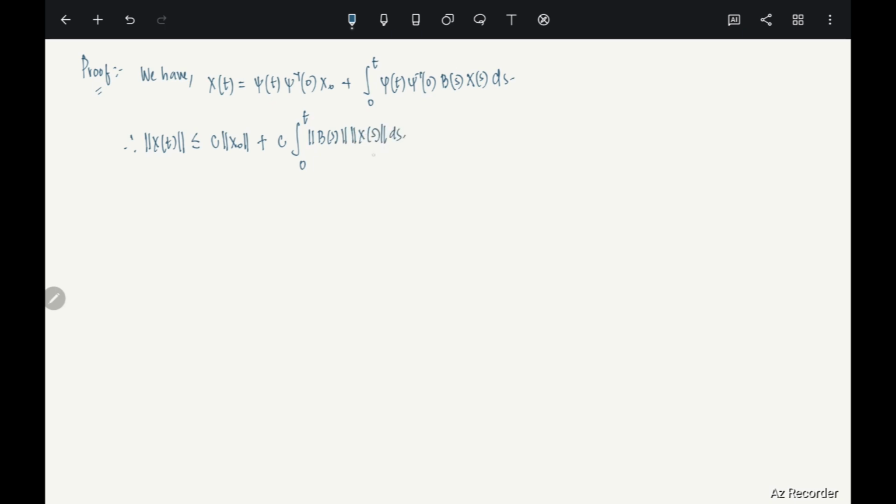Now you use your Gronwall. Therefore, the Gronwall inequality implies that the norm of x(t) is bounded by C times the norm of x0 times the exponential of C times the integral from 0 to infinity of the norm of B(s) ds, which is bounded. That is given, right? So it is very, very trivial.